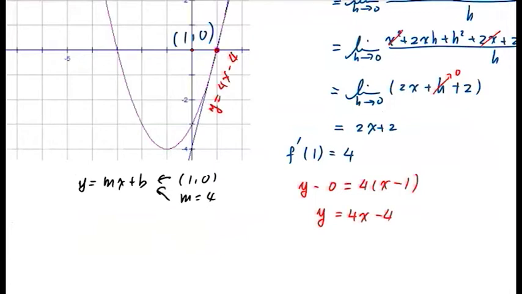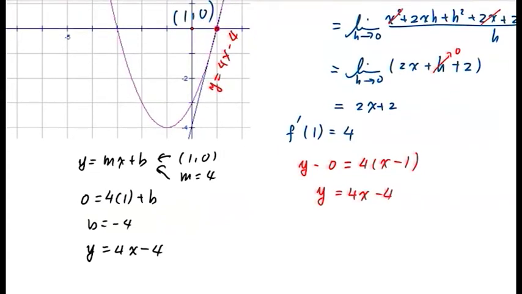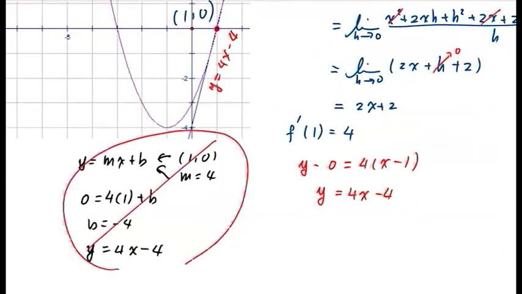Plug in there as well. So you have 0 is equal to 4 times 1 plus b. So b is equal to -4. So of course y is equal to 4x minus 4. Gives you the same answer, right? Don't do it. Don't do it. Don't.